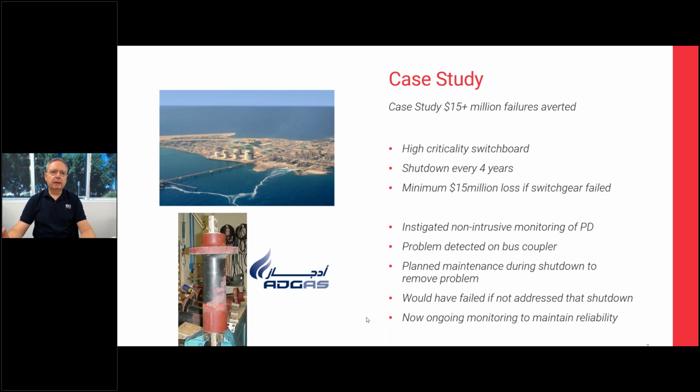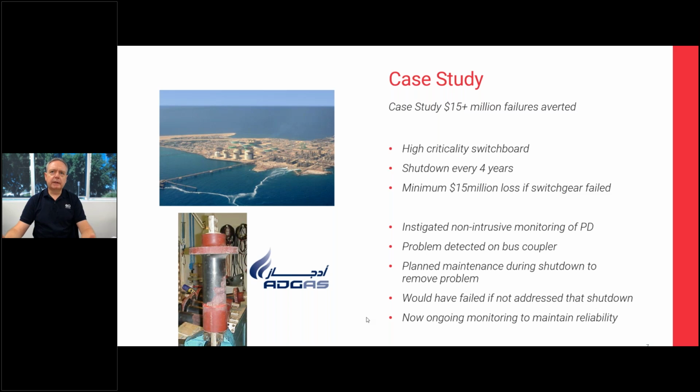The application of the partial discharge monitoring in this particular instance found that there was partial discharge activity coming from the area of the bus coupler. So probably the most important panel on the most important switchboard on the whole plant. They found that they had PD signals.